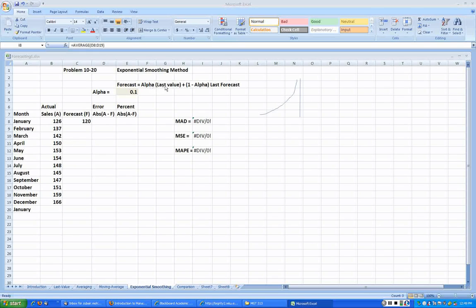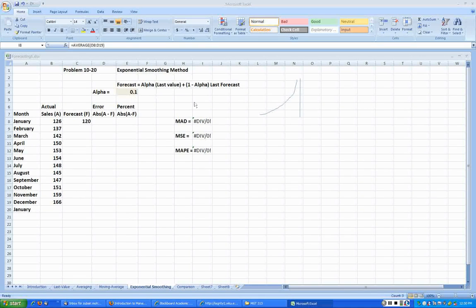Then we add 1 minus alpha times the last forecast, meaning that my forecast for February would depend on what my actual sales were for January and also what the forecast was for January. We take a weighted sum of those two, and that weight depends upon the alpha, which is the smoothing constant.